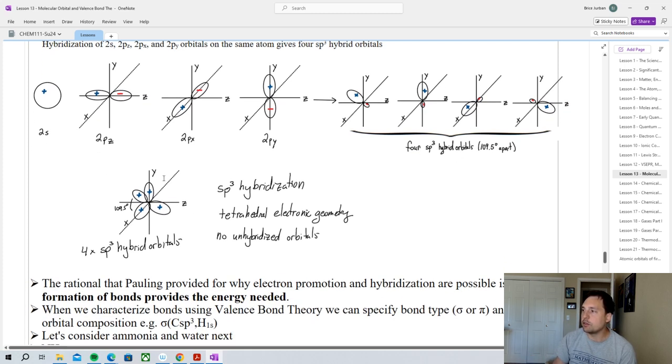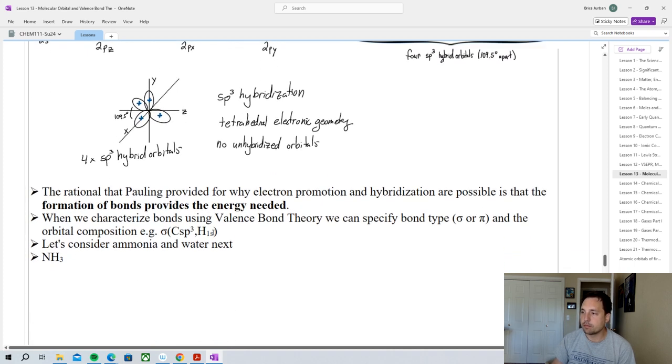And if we combine all 4 of those atomic orbitals onto one image, it's going to look somewhat like this, where we have 4 lobes of positive density that can combine with other atomic orbitals or other hybrid orbitals to participate in covalent bonding. So here we get the tetrahedral electronic geometry. And because we've used all of the atomic orbitals, there will be no unhybridized orbitals available, meaning we're only going to be able to participate in sigma bonding with sp3 hybridized atoms.